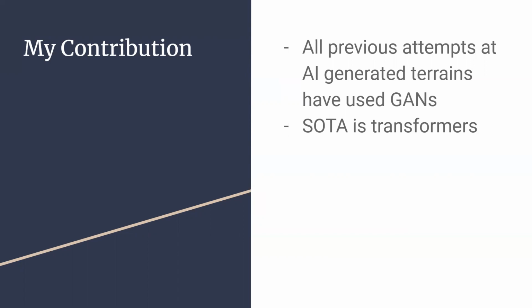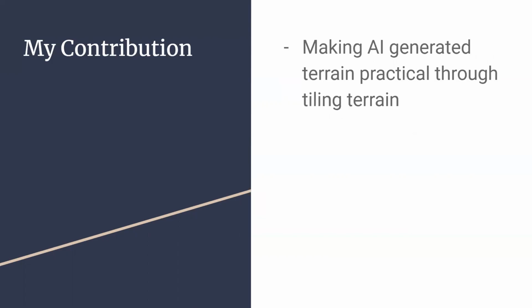State of the art nowadays is transformers, and no one has applied a transformer model to terrain generation. The other contribution is making AI generated terrain practical by allowing terrain to be tiled. In the past, AI generated terrain has only been able to make squares of terrain, which is cool if you have a really small scene and you don't want to generate anything more. But that's never the case for anything. So I wasn't really convinced what the use case was, but we can do better.